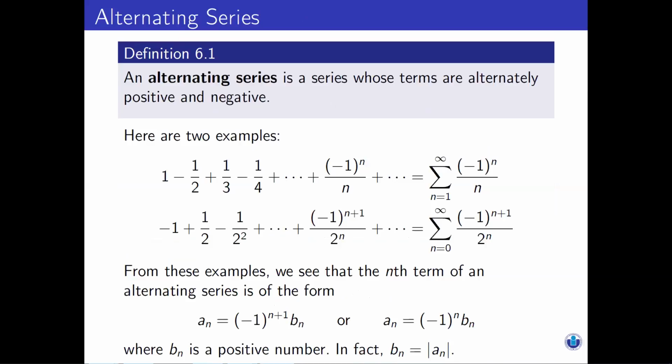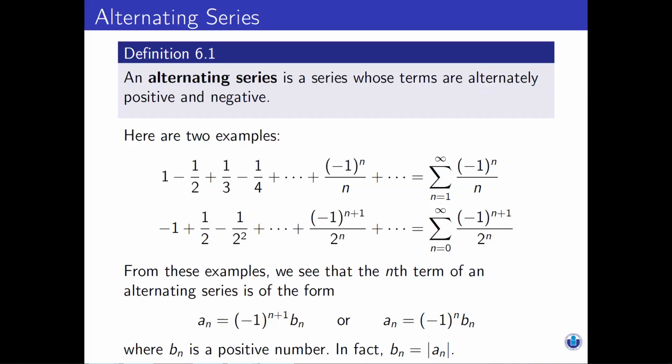Now we're going to study a test that works for series that have negative terms. But the series that we're going to look at is very special in that the signs are alternating. So you have one positive term and then negative, and positive, negative, and so on.